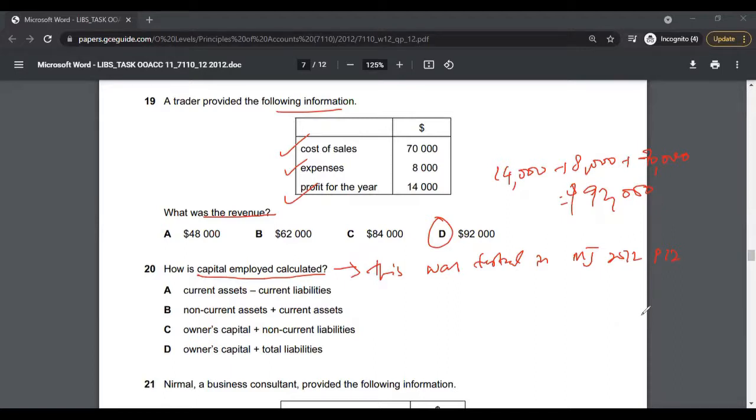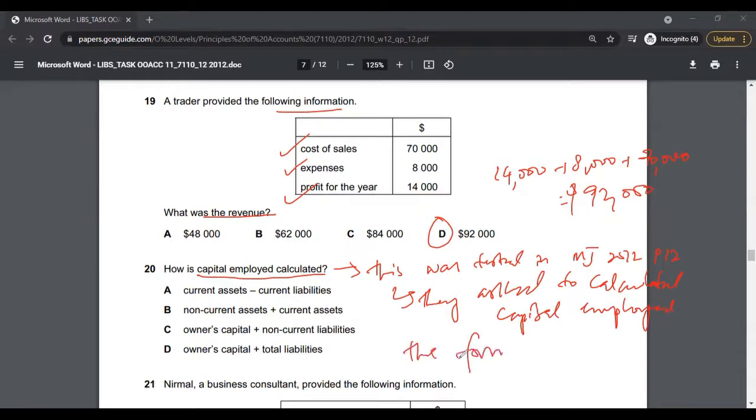In last year's paper, they asked to calculate capital employed, and in this one they are asking you the formula for capital employed.